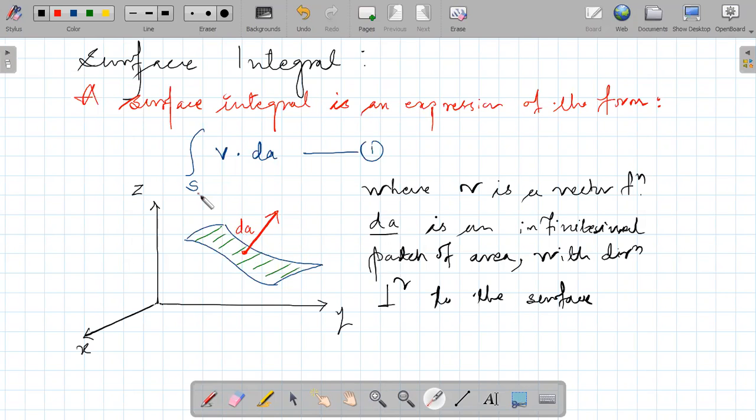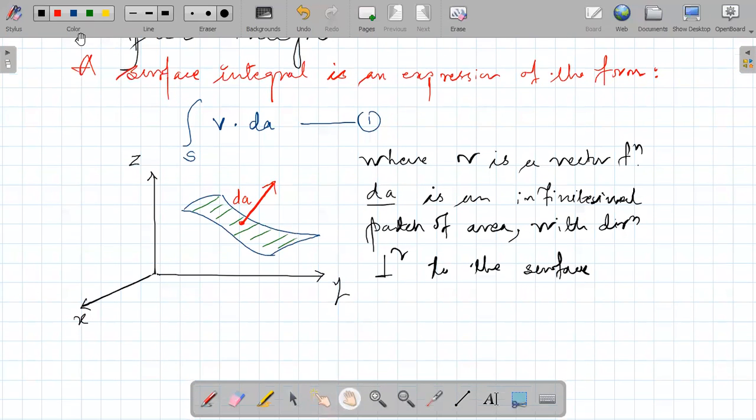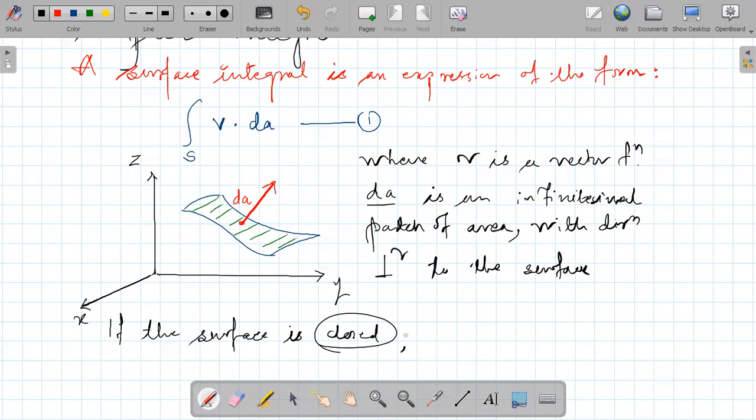Again, if the surface is closed, important one, then the same equation 1 can be written with a circle on the integral sign.